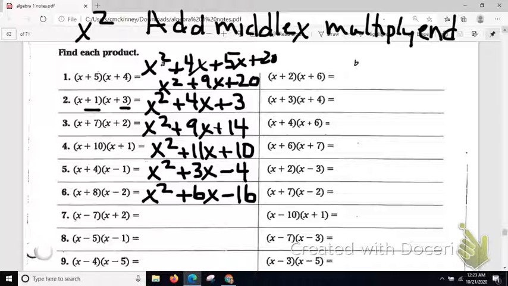So next one, different signs again. This time though, negative 7, positive 2, negative 5x, negative 7 times positive 2, negative 14.